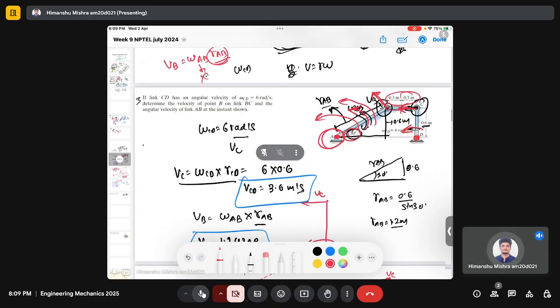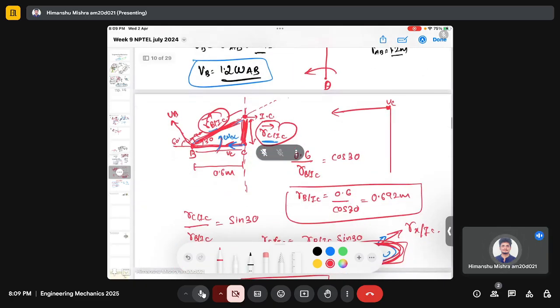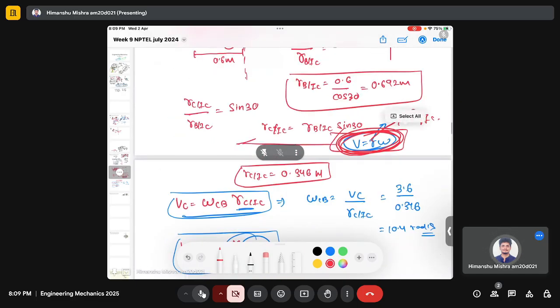But when you use the instantaneous center between B and C, you can actually use omega BC, which you already found, because you know VC. You can use the same equation, VC equals omega CB times RCIC. So you know this, so you can actually find omega CB.